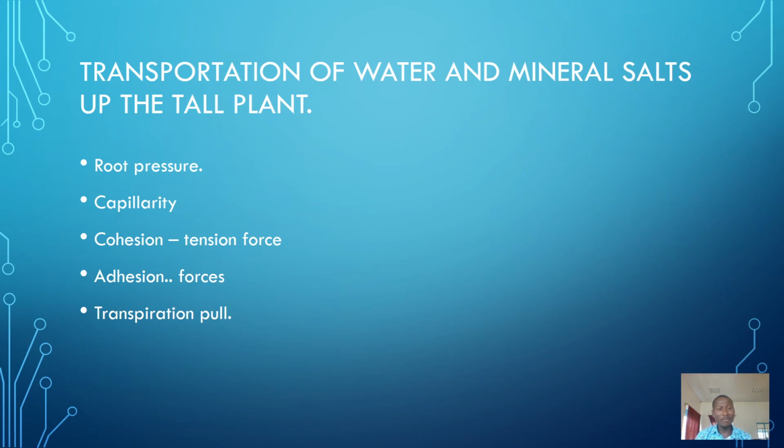Here we have a number of forces. We have the root pressure, capillarity, cohesion tension force, adhesion, and transpiration pull. All these forces contribute to movement of water up to the leaves of the tall plant.